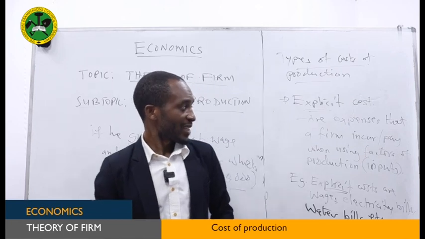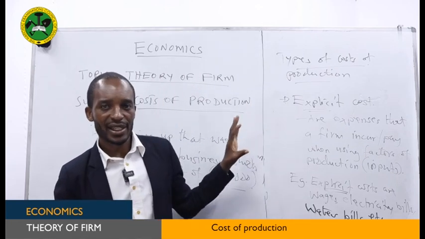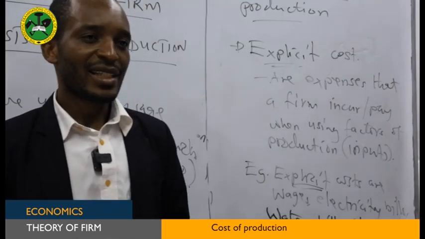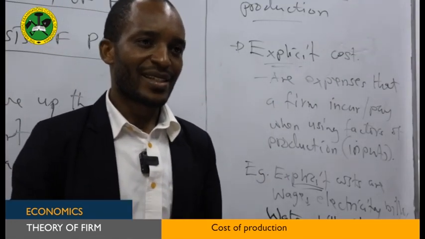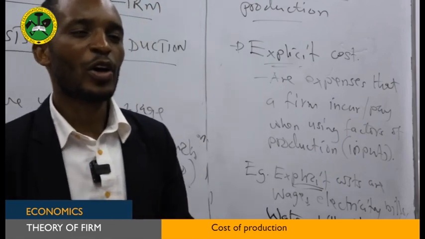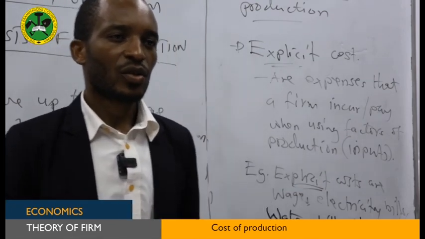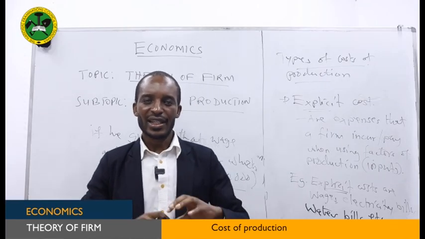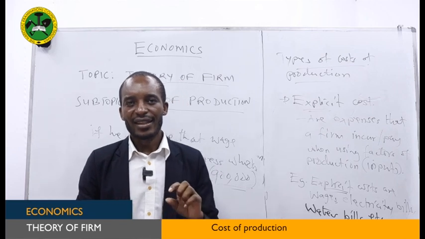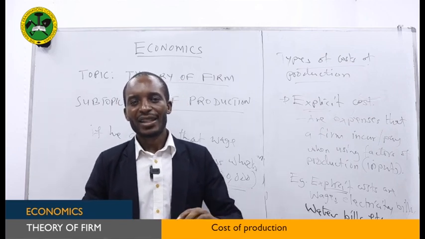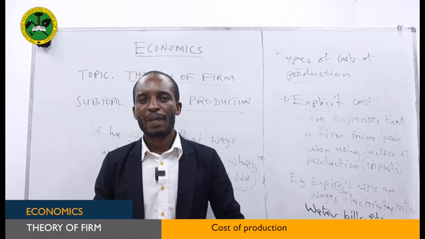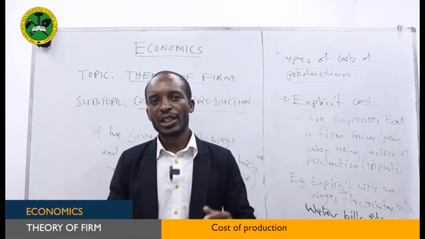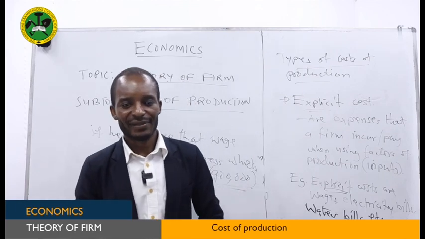So we can see the difference between explicit cost and implicit cost. Explicit costs are actual payments or actual money that a firm or a businessman pays due to the use of factors of production, while implicit costs are the benefits that a firm gives up or ignores in order to conduct other activities.